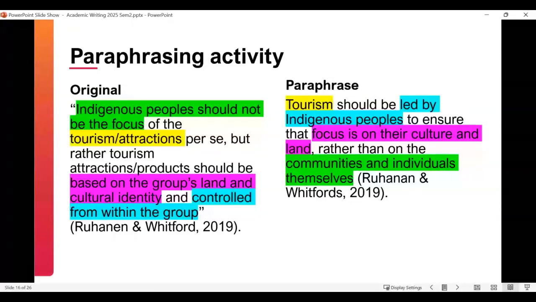So the idea that those groups should control those attractions becomes 'led by Indigenous peoples.' The word control has gone, and we have Indigenous peoples there. It should be based on a group's land and cultural identity, so it should focus on their culture and land. And the word attractions has disappeared because tourism sort of includes those attractions; they're like a subheading of tourism anyway.